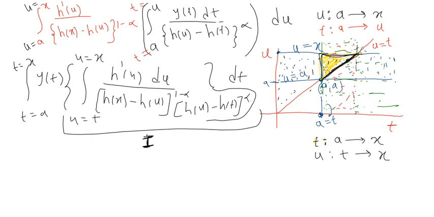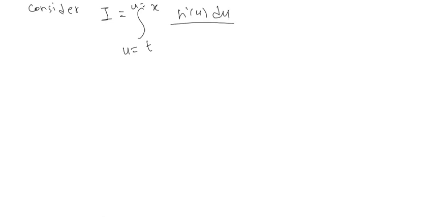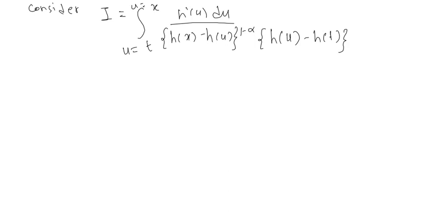Okay, so now we will consider I. So consider I equal to integral from u going from t to x, h dash of u du divided by h of x minus h of u raised to 1 minus alpha, and the second bracket is h of u minus h of t raised to alpha, in this du.